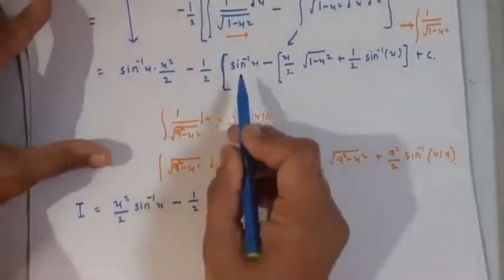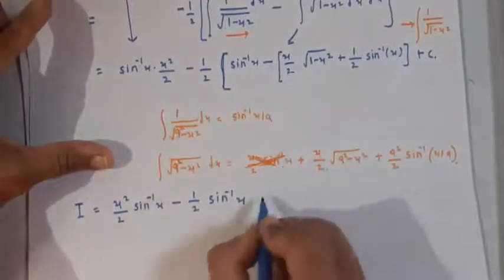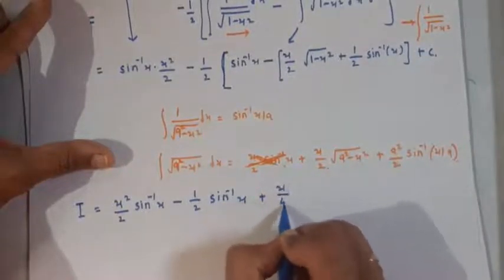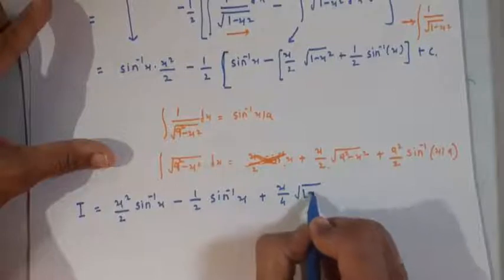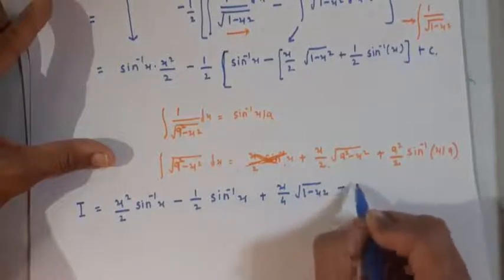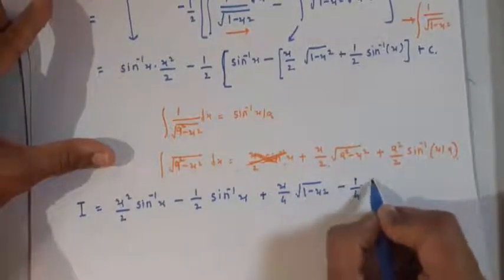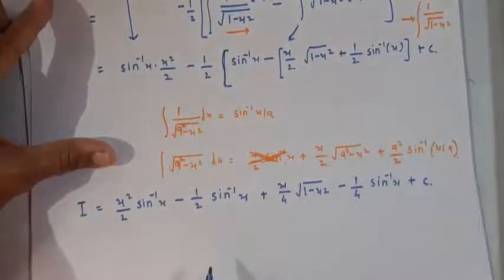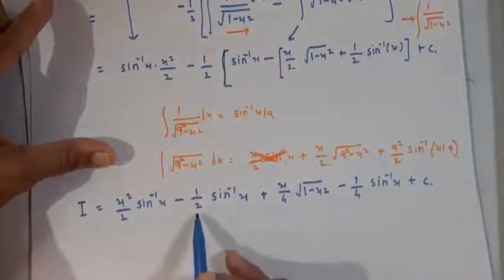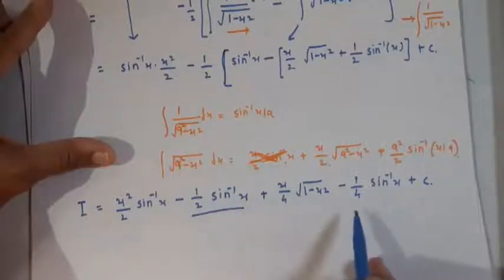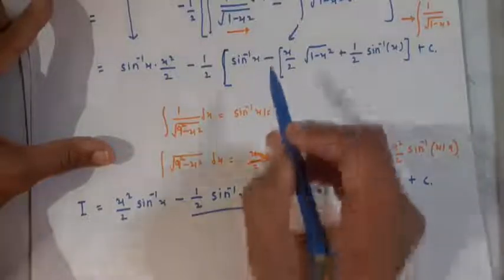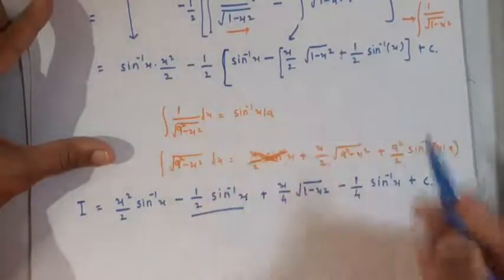Sine inverse of x minus becomes plus, and that is x by 4 square root of 1 minus x square minus 1 by 4 sine inverse of x plus constant of integration c. Minus 1 by 4 sine inverse of x, and this minus becomes plus.